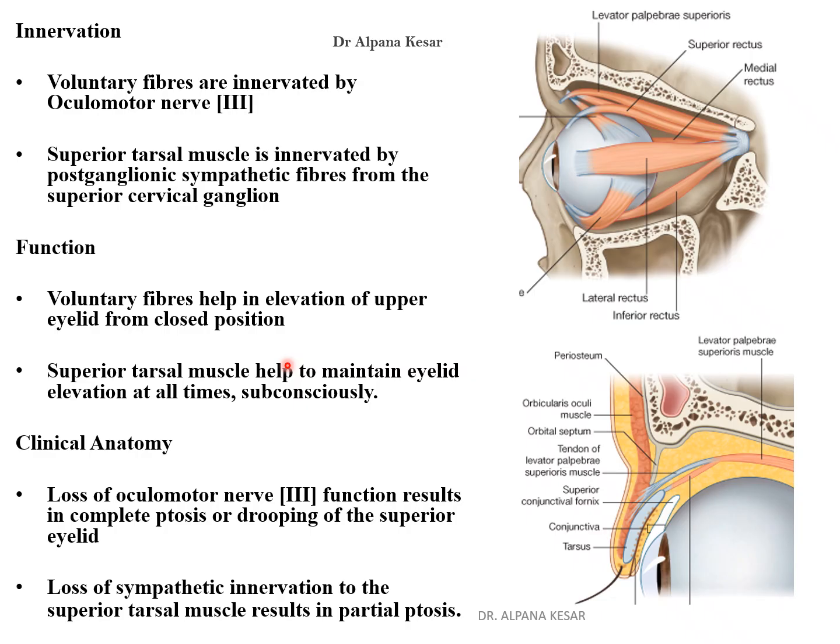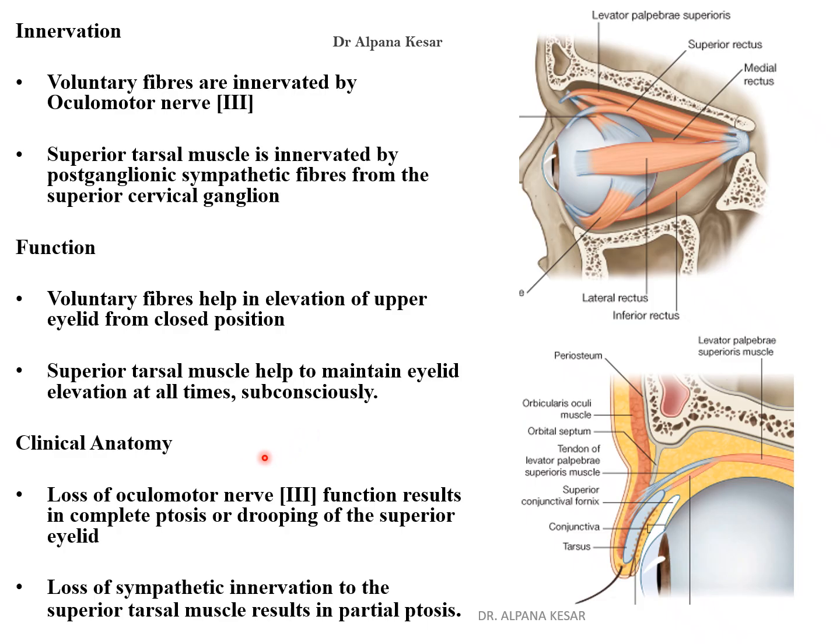That is, when we open the eyes from the closed position, the elevation of the upper eyelid is brought about by the voluntary fibers. Once we have opened the eyes, they remain open and we do not have to maintain it at a conscious level. The eyes remain open at a subconscious level and it is the superior tarsal muscle that helps to maintain the eyelid elevation at all times.